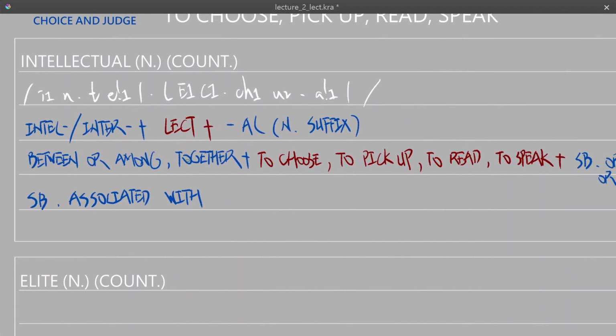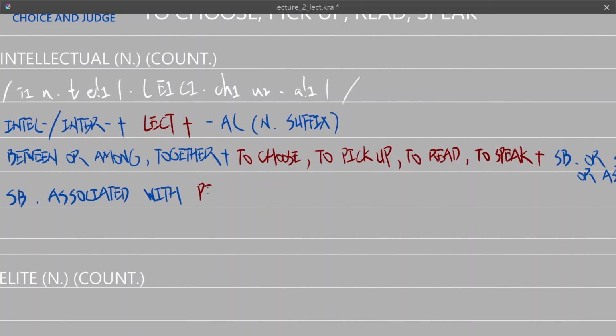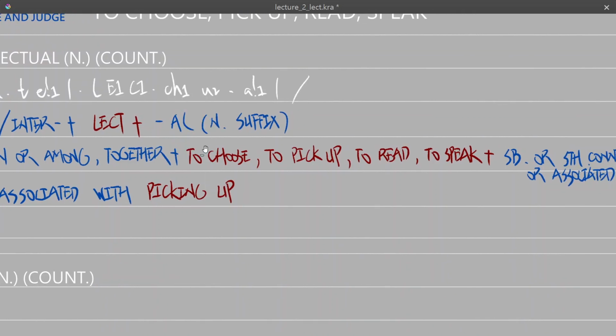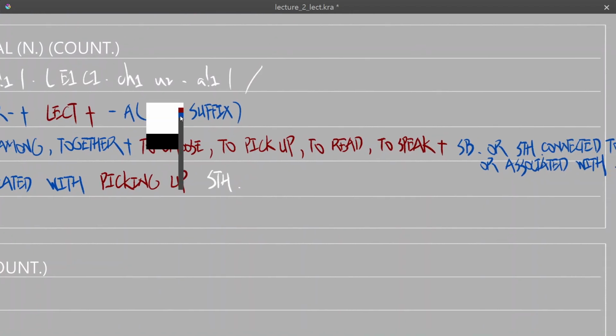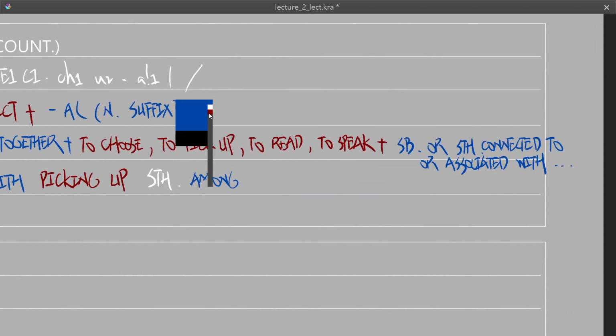Somebody associated with picking up something among things.